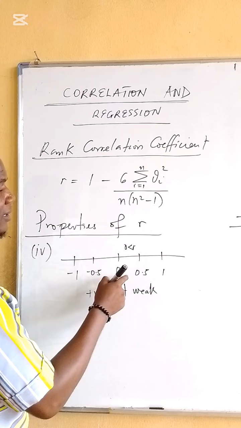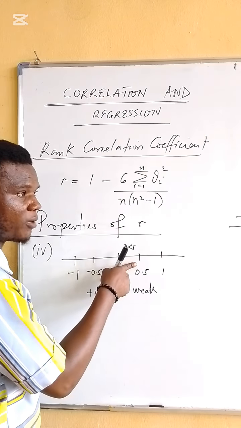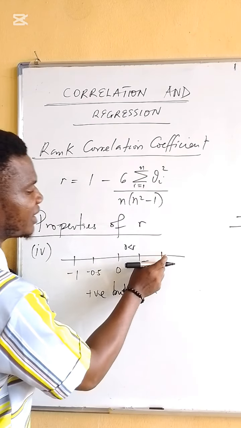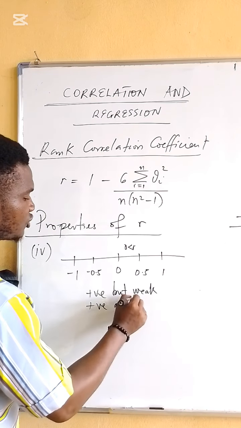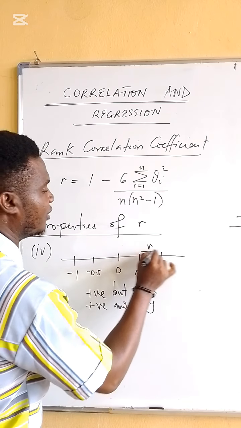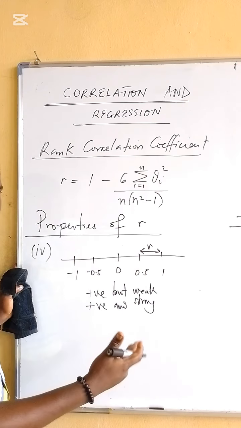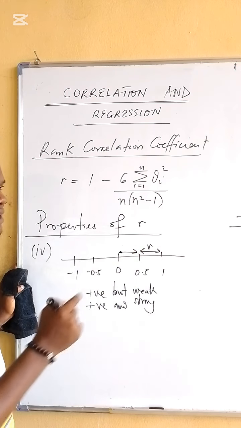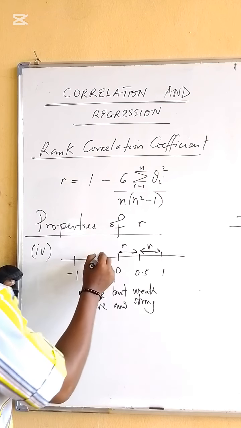Now, if R is greater than 0.5 and very close to 1, we say R is positive and strong. So if your R value lies between 0.5 and 1, we say it is positive and strong. At 1, we say it is perfect positive. If R lies between 0 and 0.5, less than 0.5, we say that R is positive but weak. Now let's come over here.